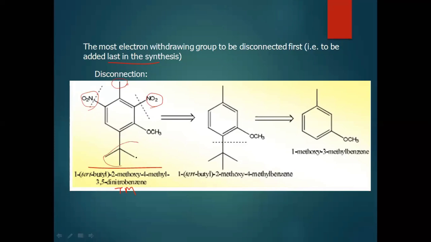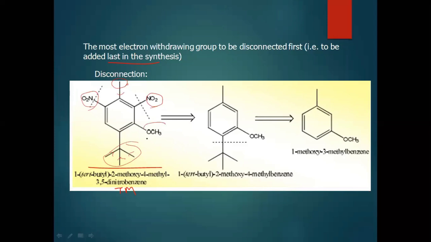And what about this tertiary butyl? Methyl is donating, then tertiary butyl should also be donating, right? Yeah, because of the plus I effect. So in this case too, one can expect a plus I effect.